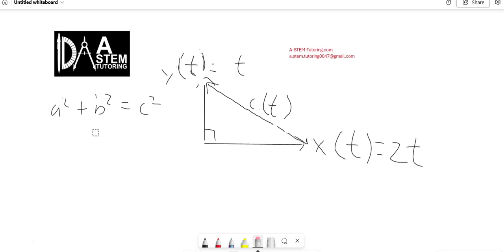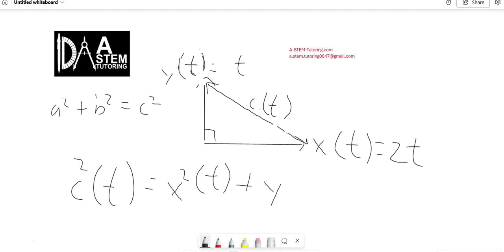So we can write an expression for this in terms of t. Actually, c squared of t equals x squared of t plus y squared of t. We can square root both sides.